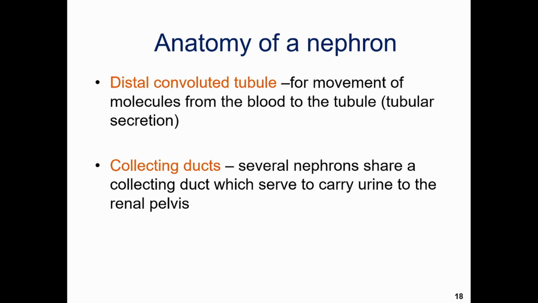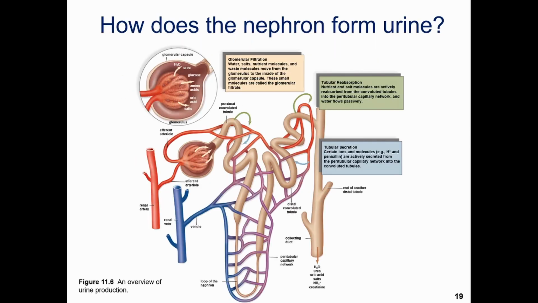Again, you're going to have multiple nephrons all connecting to the same collecting duct, where we're going to be basically collecting up the urine to send it down to that renal pelvis, through the ureters, and eventually to the bladder. So what are the 3 steps in urine formation? Glomerular filtration is step 1, tubular reabsorption is step 2, and tubular secretion is step 3.